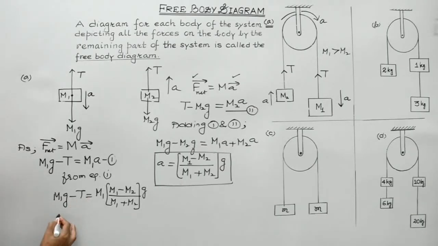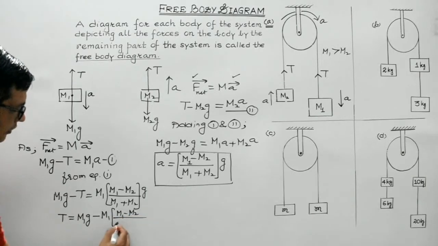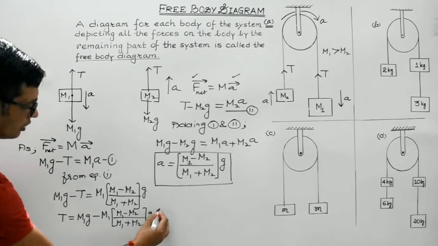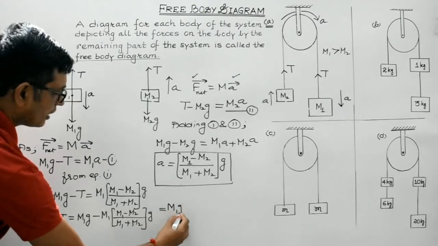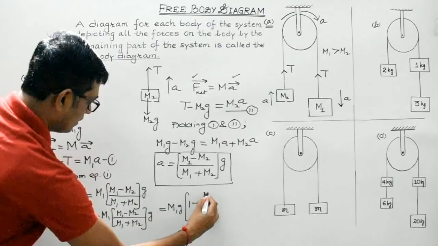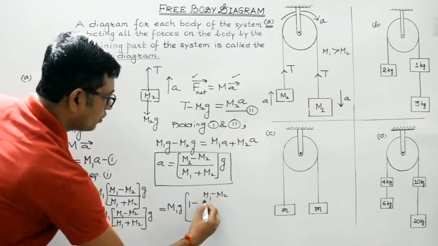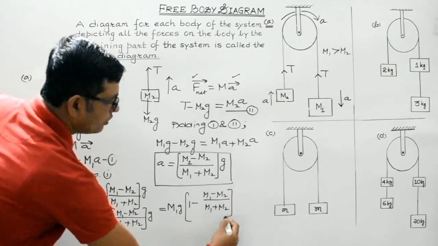So T would be equal to M1g minus M1 minus M2 divided by M1 plus M2 into g. On further solving, M1g can be taken as common. So here it would be 1 minus M1 minus M2 divided by M1 plus M2.